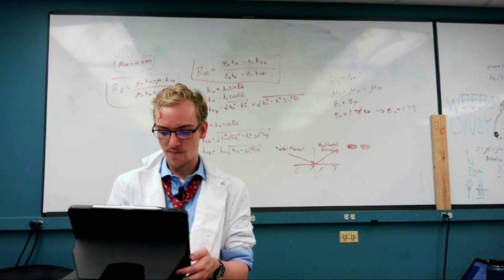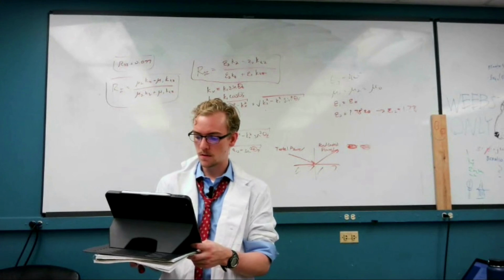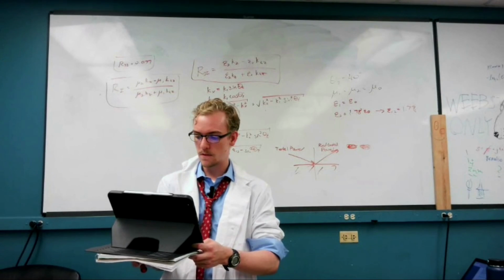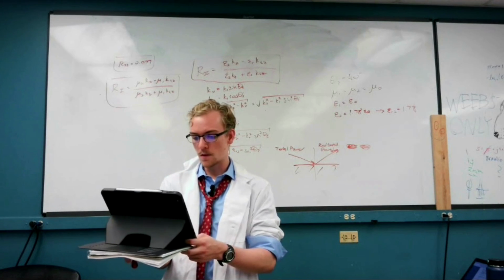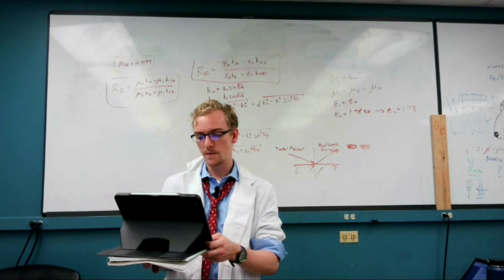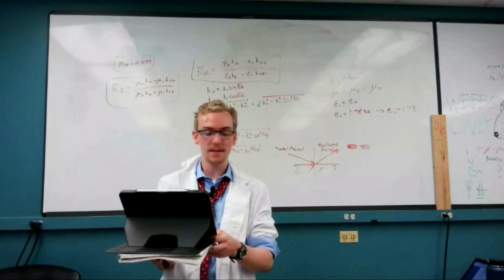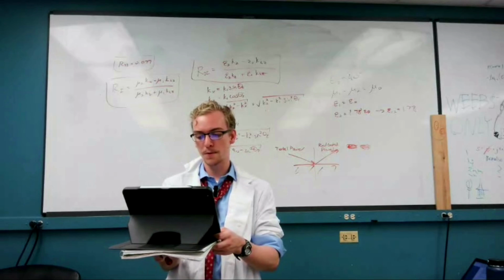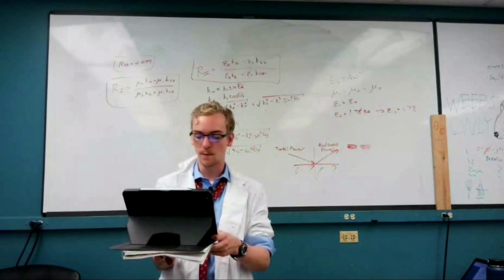Okay. Huh, interesting. I see. So 88.21% of the total power is in the parallel polarization, and 11.79% of total power is in the perpendicular polarization on the reflected wave.